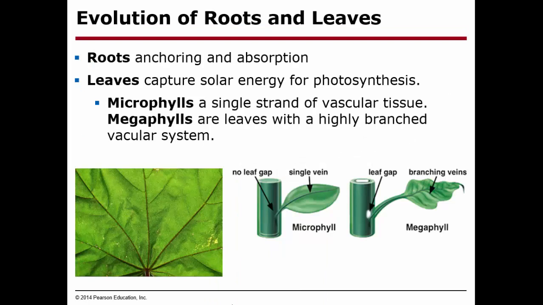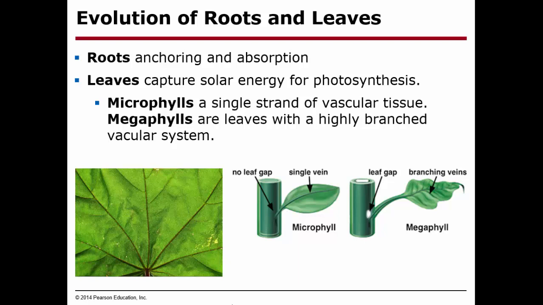An important adaptation in the evolution of vascular plants is the development of roots and leaves. The non-vascular plants did have some leafy-like structures that were involved in photosynthesis and some very simple rhizoids involved in anchoring the plant.